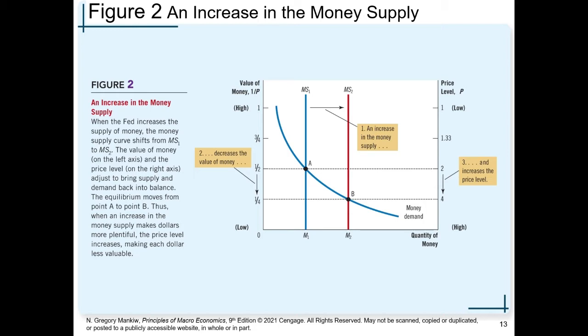The less money there is, the harder it is to get, making it worth more. But if you increase the money, it's going to be easier to get, and the value of money is going to drop. In other words, inflation occurs. So if you increase the money, inflation occurs.